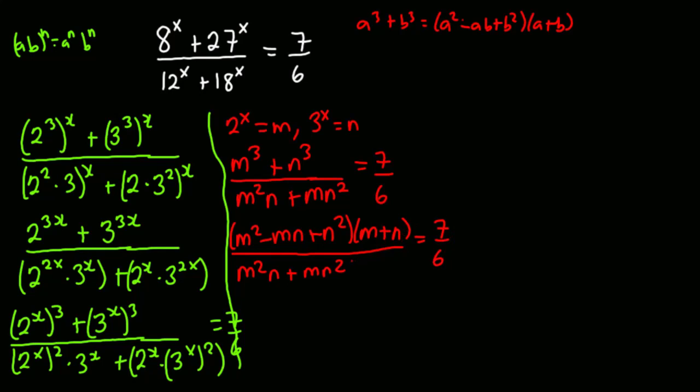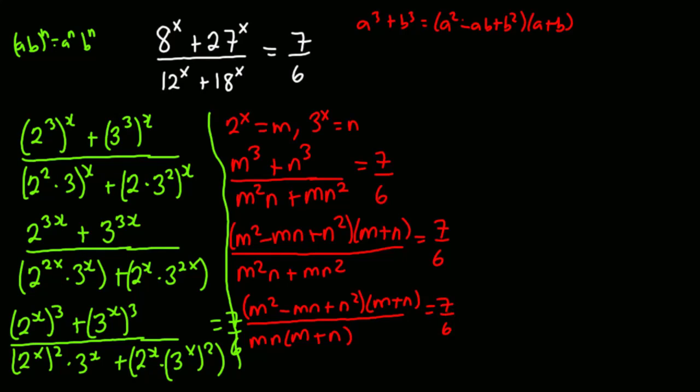So now what I'm going to do is factorize the denominator. You realize that at the denominator we can factorize mn out, and so this gives us (m squared minus mn plus n squared) multiplied by (m plus n), all divided by mn times (m plus n), since factorizing mn out we'll be left with m over here and n over here, and this is equal to 7/6.